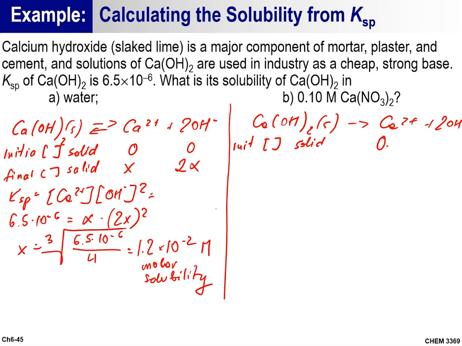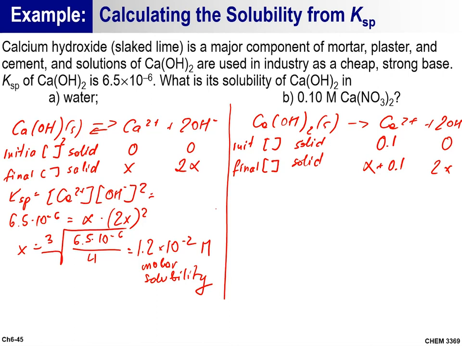The OH- will be 0. At equilibrium, some calcium hydroxide will dissolve. The concentration of calcium 2+ from dissolution of calcium hydroxide will be x, but I have to add the 0.1 that is initially in this solution from the calcium nitrate, so 0.1 plus x. And the concentration of OH- will be 2x.